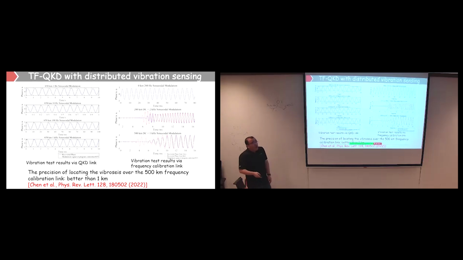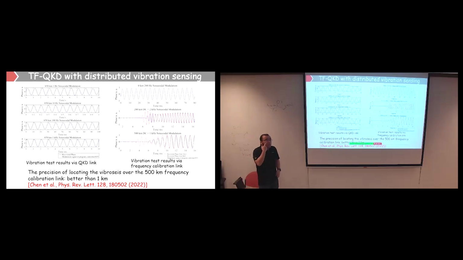In China we have around 20,000 kilometers of QKD network. We want to first try to replace the QKD network with twin-field QKD to do the interference.